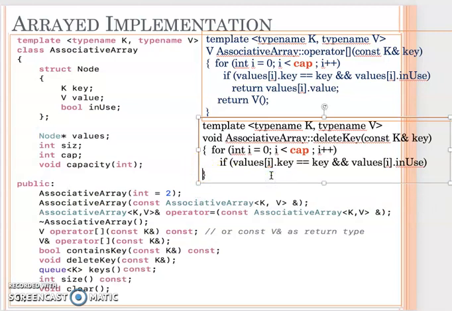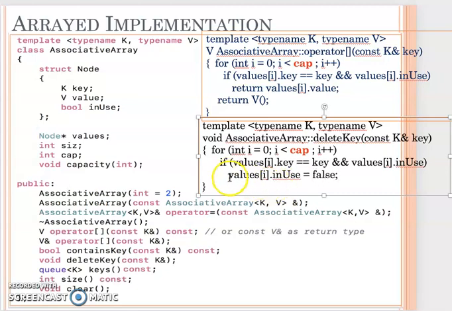Instead, we do what? If you find the key and this key is in use, so now I need to delete that, right? But actually in an array, we don't really delete that. Actually, we just make the location I found, the node in use, become false.